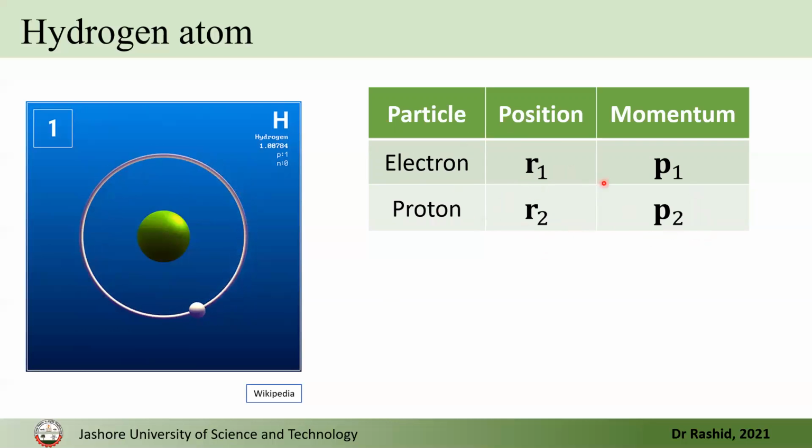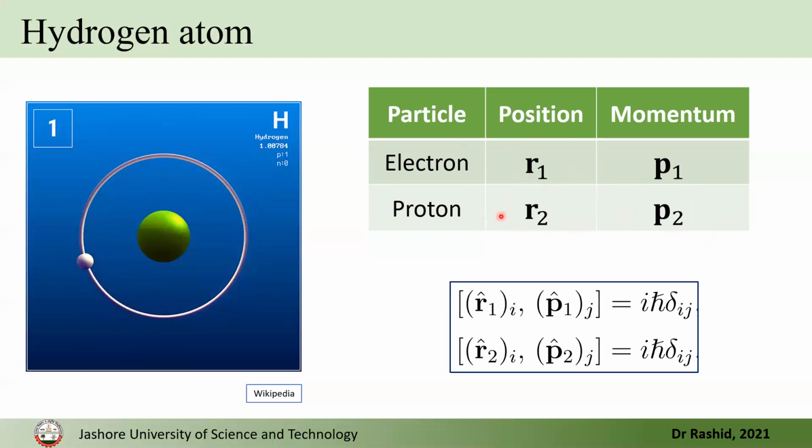These R's and P's are vectors, so they are all in 3D. Now the components of this position and momentum satisfy the canonical commutator that we have learned previously.